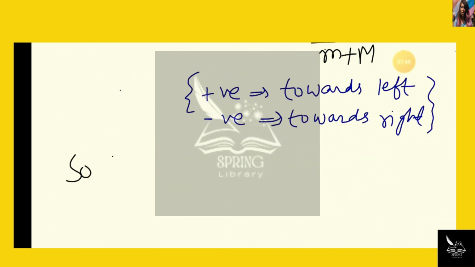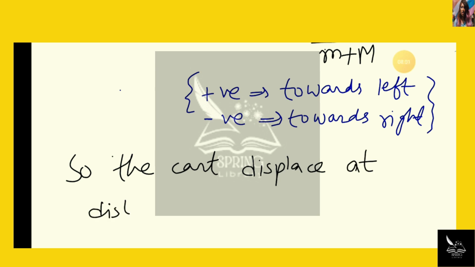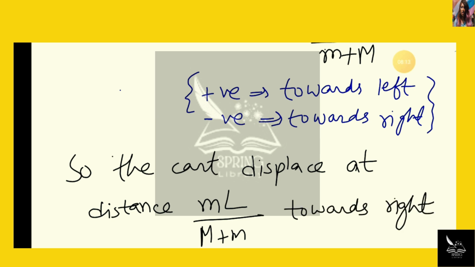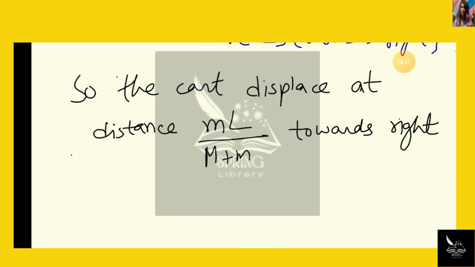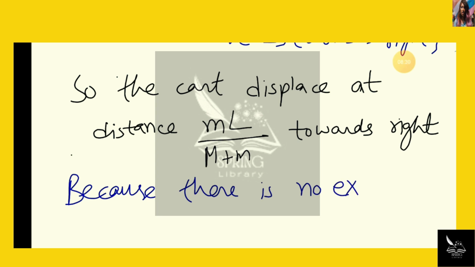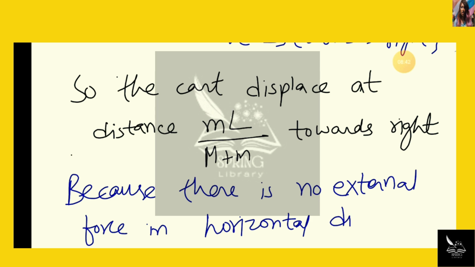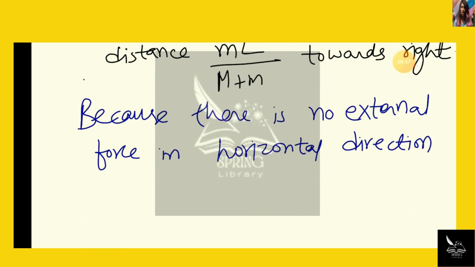So the cart is displaced by a distance of small m times L over capital M plus small m towards the right, because there is no external force in the horizontal direction and the center of mass will not change.